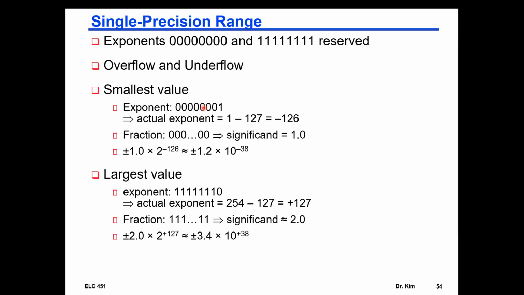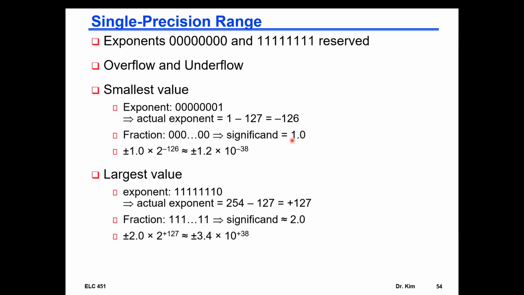So when we subtract the bias, then the smallest exponent is minus 126. Okay? And then the lowest fraction that you can have is all zeros, which is the number 1, because remember that this 1 is implied.